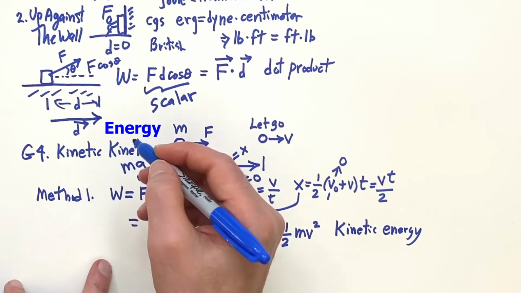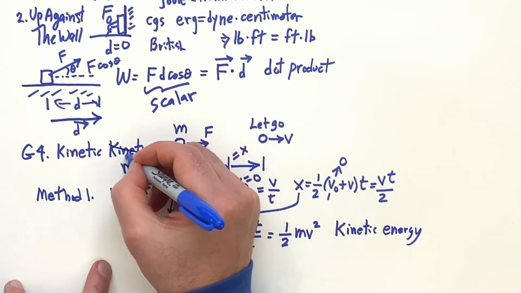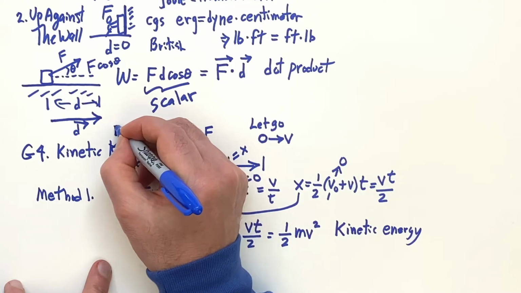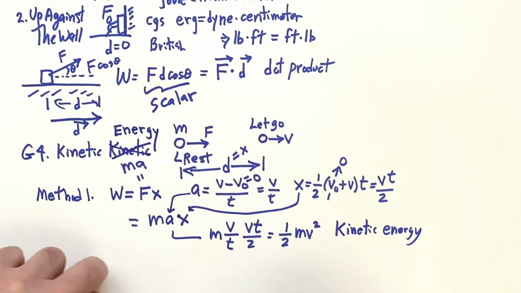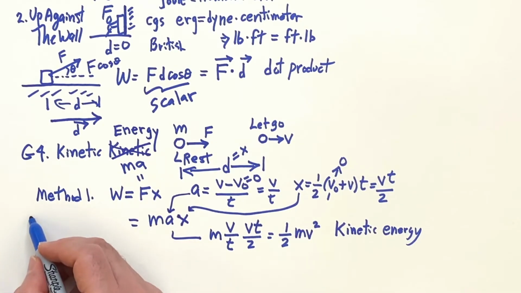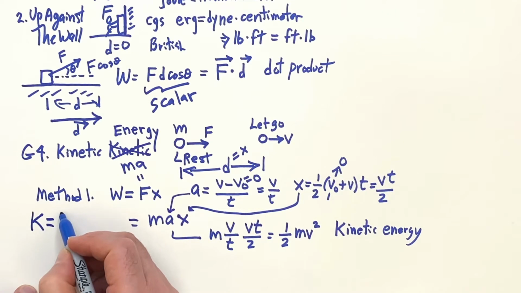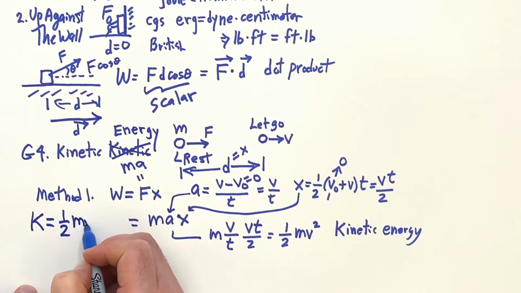Don't know why I said kinetic twice there. Let's fix that. If I were teaching in class, someone would have caught that, but since this is a video, it takes me a while to catch some of my mistakes. Okay, so that's derivation 1, and this is called K, kinetic energy, 1/2 mv squared.